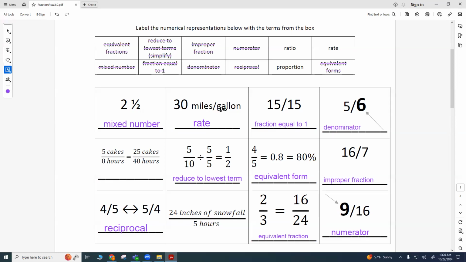And so a rate, generally our denominator is going to be 1, right? And that's what makes it a rate. So 30 miles per 1 gallon, right? 55 miles per 1 hour. 300 words per hour. I don't know if that's a lot. Oh, they always do per minute.